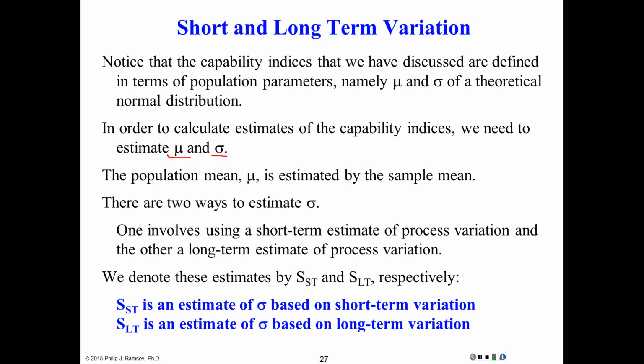The Automotive Industry Action Group, AIAG, more or less writes guidelines for the automotive industry, and they are a fairly powerful group, and they created what they called the short-term and the long-term estimate.